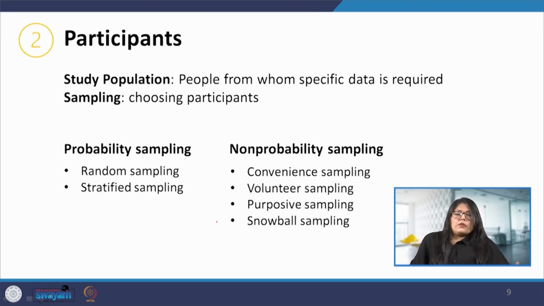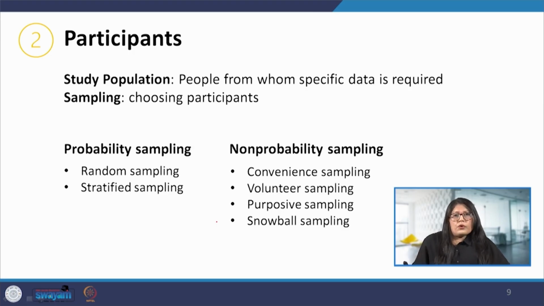The second important issue is the participant. The goal that we have developed for the data gathering session will indicate the types of people from whom this data has to be gathered. People who fit this requirement are called the population or study population, and the process through which we select these participants in data gathering is called sampling.